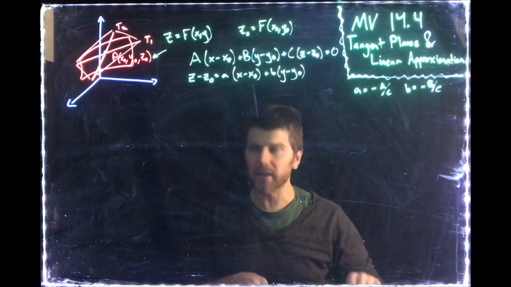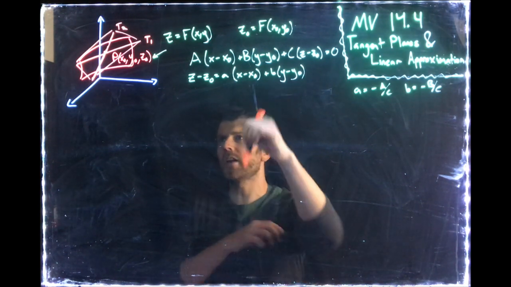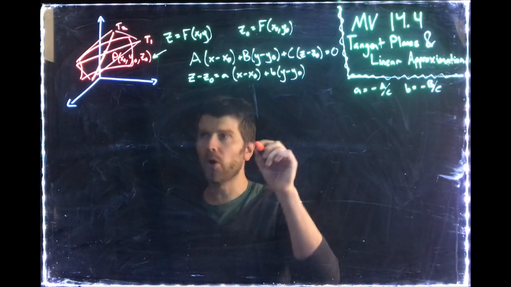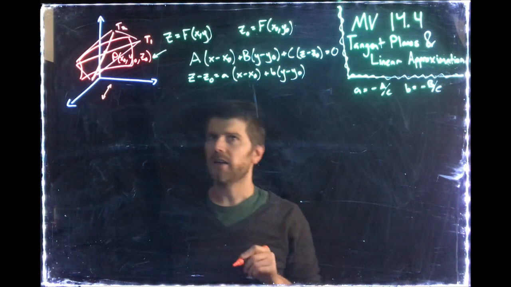So let's start by looking at little a. Let's imagine we look at this tangent plane and ask, what happens if we hold y constant and we only move in the x direction?